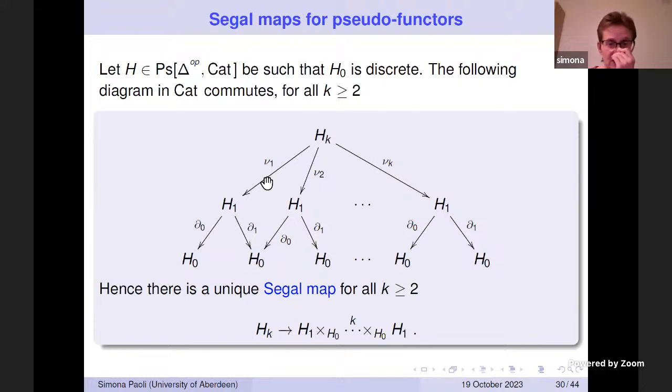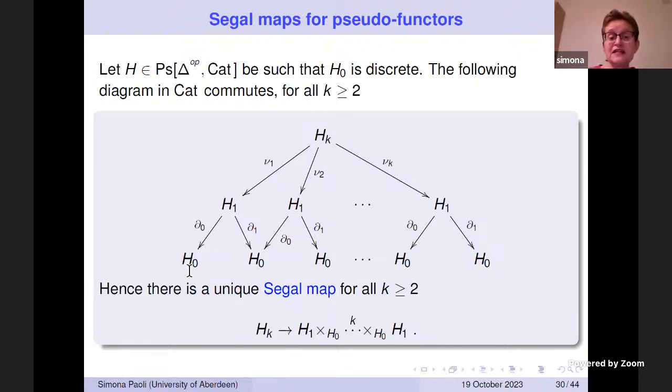Segalic pseudofunctor. Actually, this is a very elementary thing. You know there is a notion of pseudofunctor from delta up to cat. If you write down the usual diagram we write for Segal maps, because this is a pseudofunctor, this diagram would not commute strictly. It would only pseudo-commute.